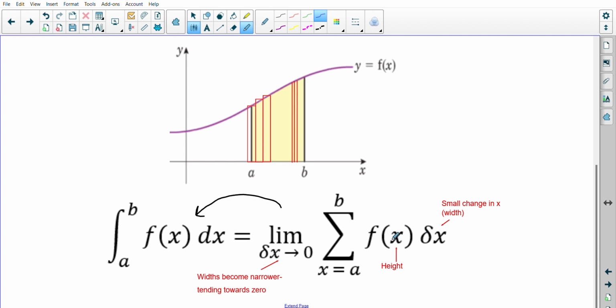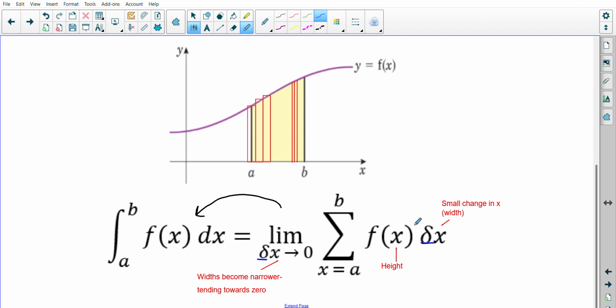If we actually calculate the area of the rectangles, it'll be the height, so in our case f of x, the height of these rectangles, times by the width delta x. Now we've got these Greek letters here, delta, and that just means the small change in x. So the width, and like I say, we want the width to be really, really small, tending towards 0.